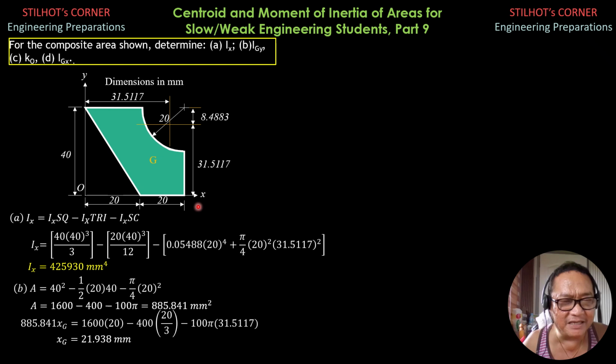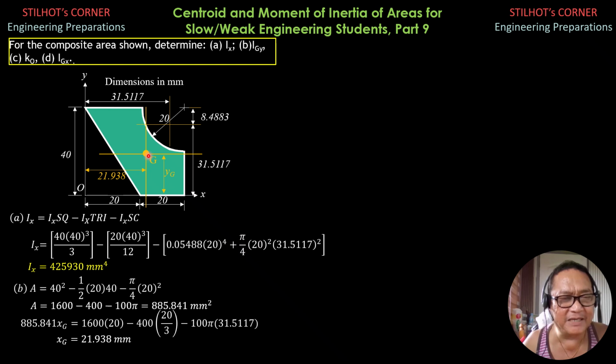So let's locate the centroid of the area at G. So that's why this is 21.938. As I said, viewers should solve for yg to prepare for the calculations of Igx for your part. So having found xg, you can now compute Igy by transferring the moment of inertia of each individual area to this centroidal axis.